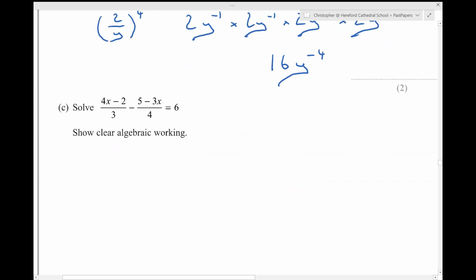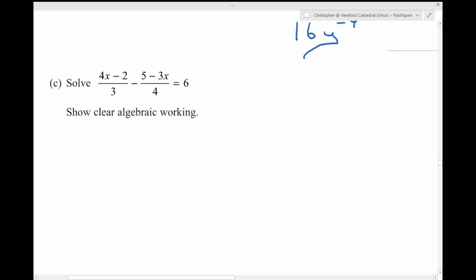Let's look at part C. Now in this question here, I think I'm going to subtract these two fractions on the left and leave 6 on the right. Now, what shall I write them both as? They're thirds and quarters, so I'm going to write them both as twelfths.